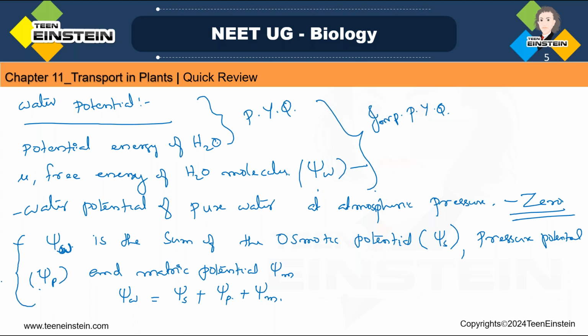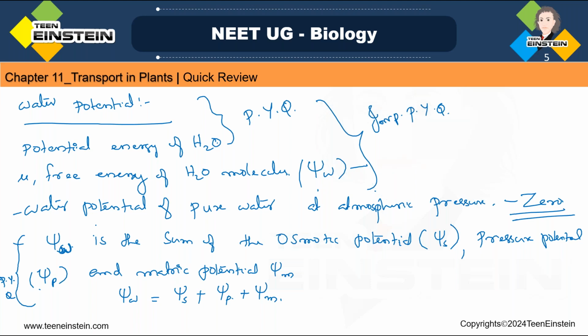This question has come four times. So this is a very important previous year question. We have learned what osmotic potential is: the potential of water molecules to move from a less concentrated solution to a more concentrated solution. And what is pressure potential or turgor pressure? Turgor pressure means the pressure exerted by the protoplasm against the cell wall. And what is matric potential?